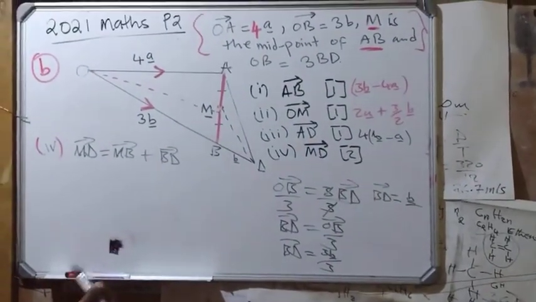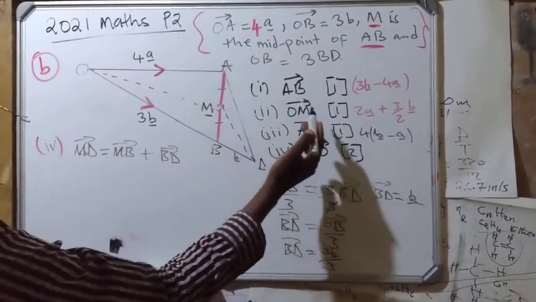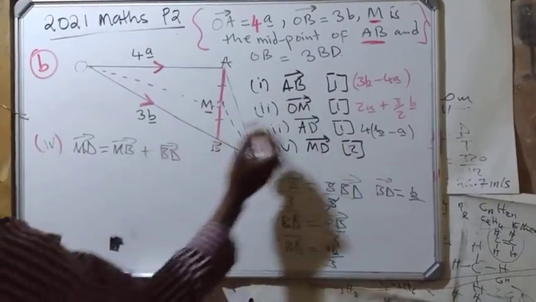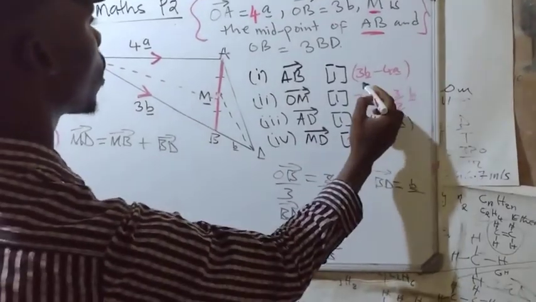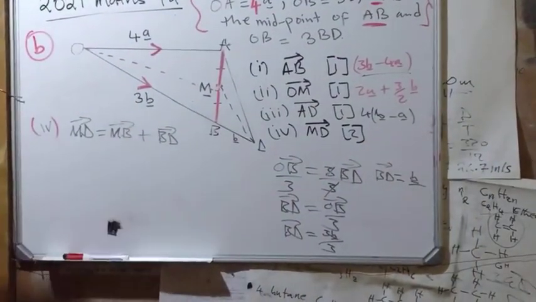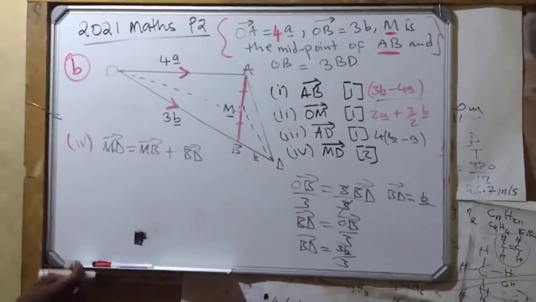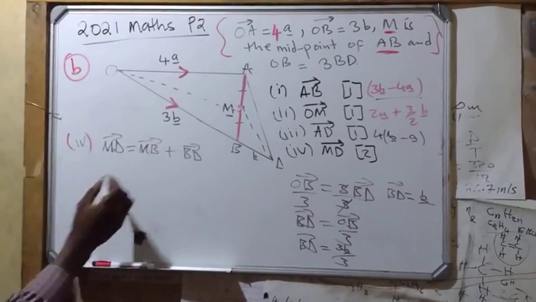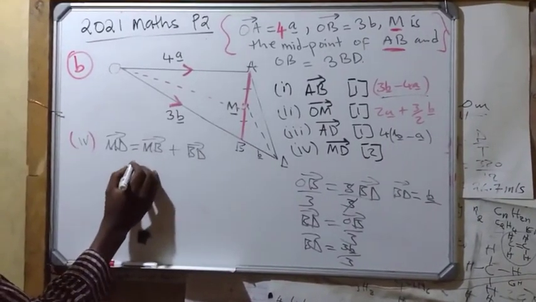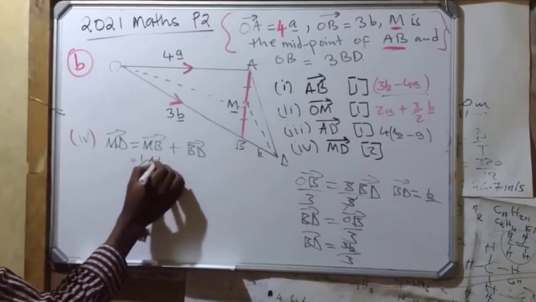So remember what you have been given in that information, that M is the midpoint. So you've already calculated the value of AB. So AB there, it is this one. So you just have to find half of this. So where there is MB, we are saying that it's half of AB.